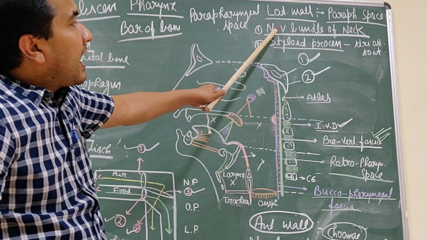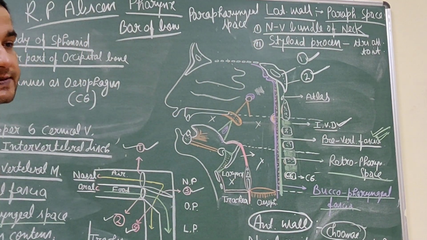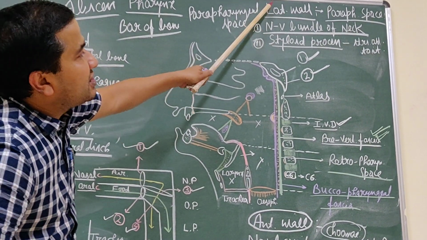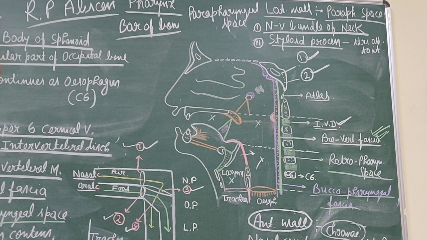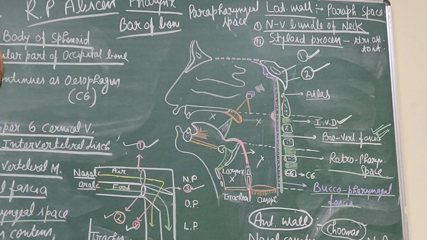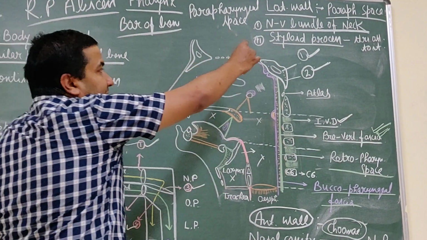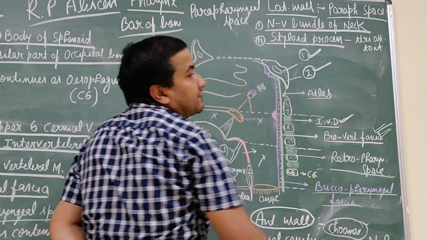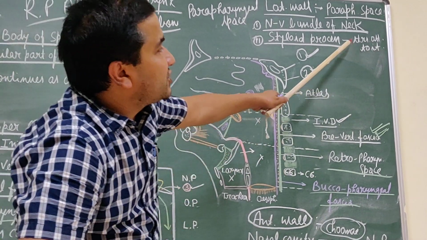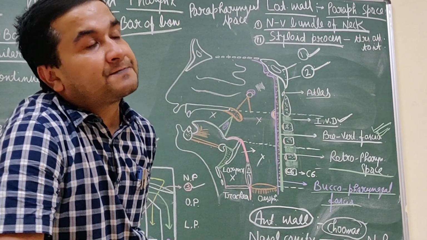Some structures are present in the carotid sheath and some are outside the carotid sheath. So they come in relation to the lateral wall of the pharynx, where the space is the parapharyngeal space. Now this lateral wall is related with the styloid process, along with the 5 structures attached to it.